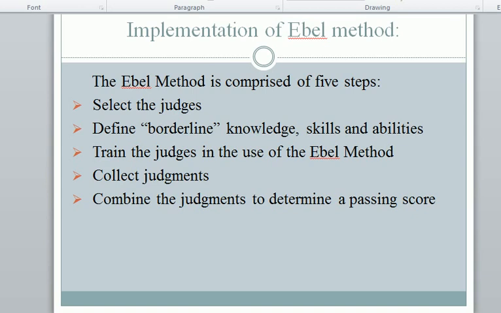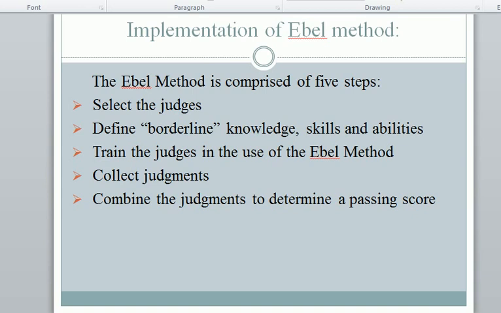Then they implemented the method of standard setting. The 4th step is to collect judgments. It means Ebel implemented the method on judges and collected their judgments. Number 5th, combine the judgments to determine a passing score.